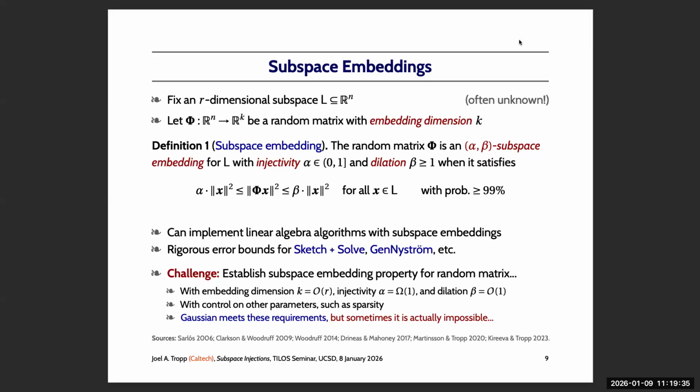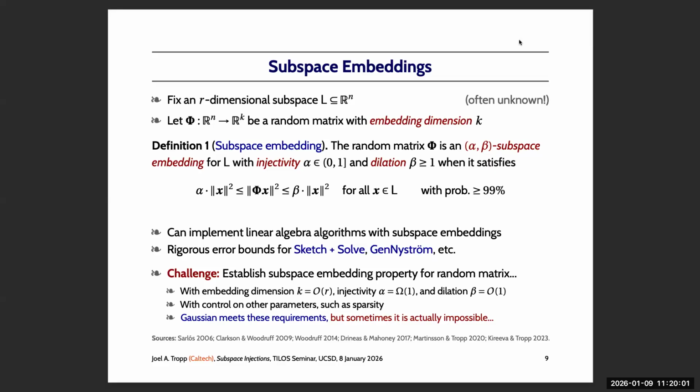And so the challenge then is that you need to prove the subspace embedding property for a particular type of randomized dimension reduction map. If someone hands you a random matrix that reduces the dimension, you need to make sure that it works for some arbitrary fixed subspace that you don't know. Your goal is to make sure that you can embed an r-dimensional subspace into a constant times r dimensions.